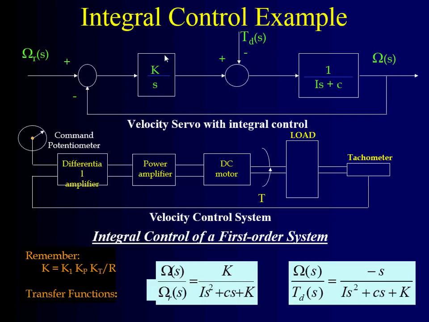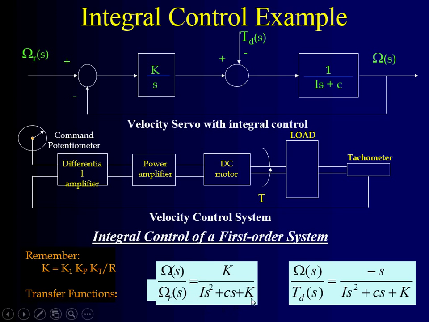Now, remember that in systems, the transfer function concept is always the relationship between an output and an input. So if the output omega s is the result of the output we get from the system, as it relates to the original signal, you have this transfer function.